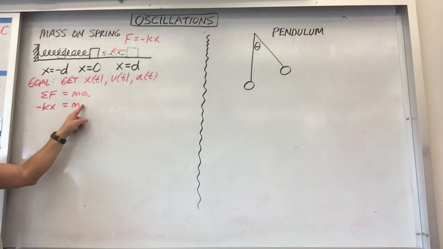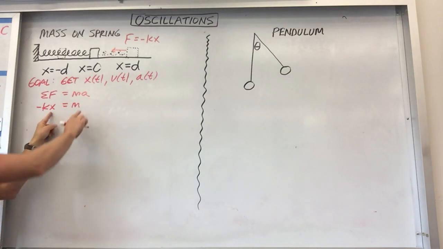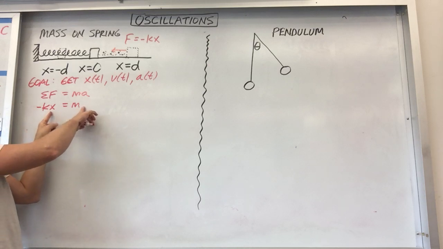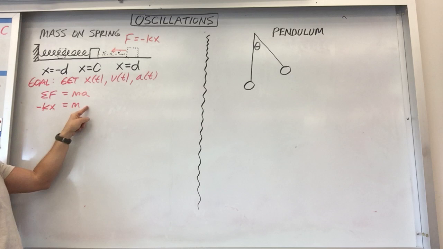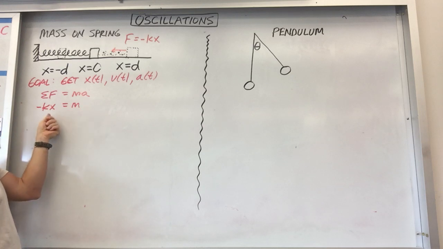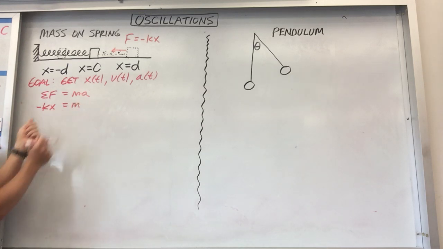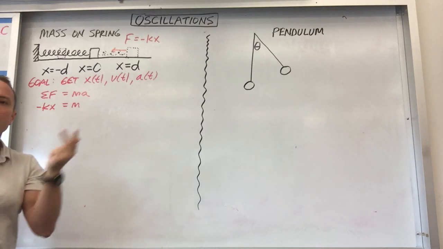Now if I put an a here, there will be too many time-varying variables, because x will be changing with time and a will be changing with time. It would be one equation with two unknowns, so it's better if we can write it in terms of just one thing.